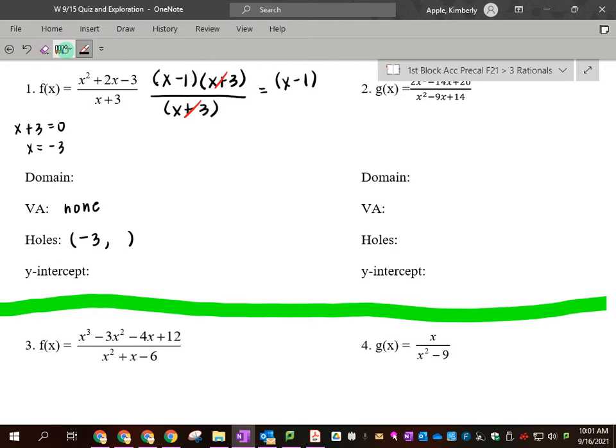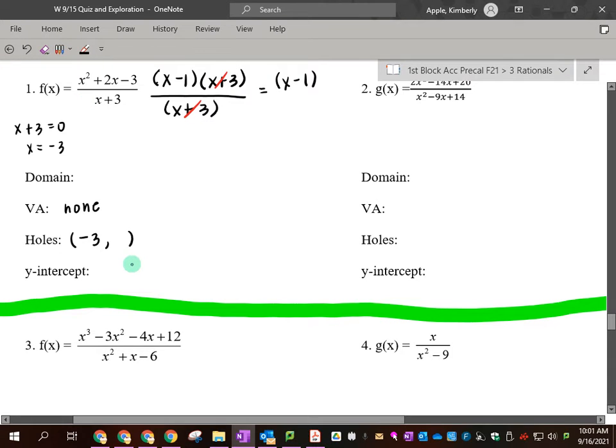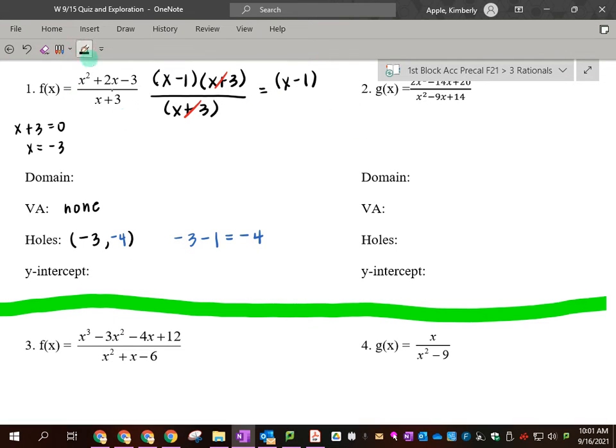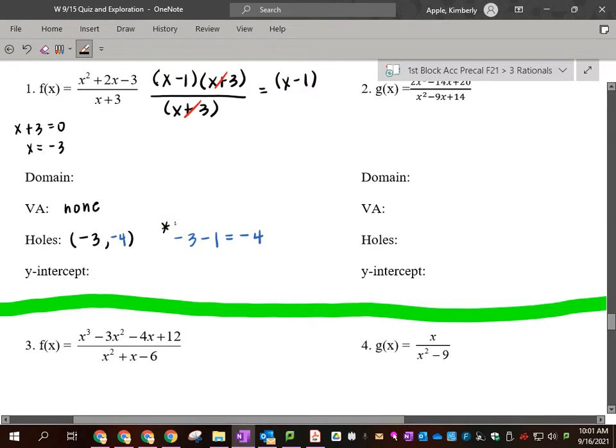To find the y value of the hole, we are going to take the simplified version and plug in for x. So -3 minus 1 is -4. So that is here. So here I'm going to make a note: plug into simplified version.